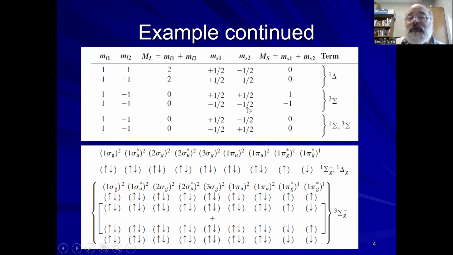If both of those upper electrons were spin down instead of spin up, it would still be a triplet state because we use absolute value of S in that calculation, and it would still be a sigma state. But if we pair those electrons up in one orbital or the other, then we end up with a delta state because we would have 2 in the plus 1 or 2 in the minus 1. And because they'd be paired up, we would have a singlet state.